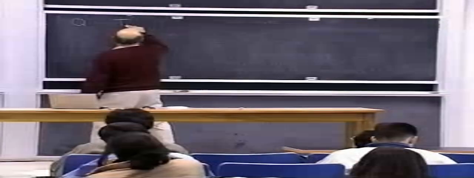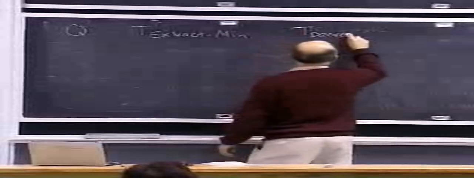Okay, so we have Q, T sub extract min, and then T sub decrease key, and then the total time.